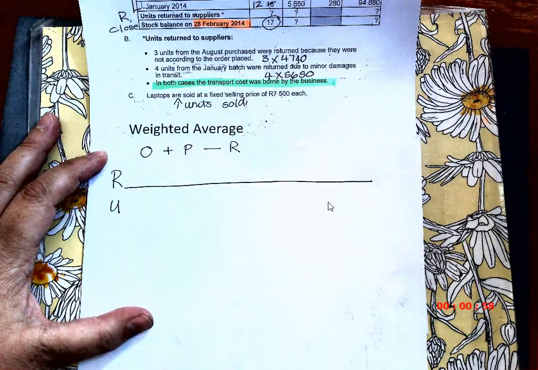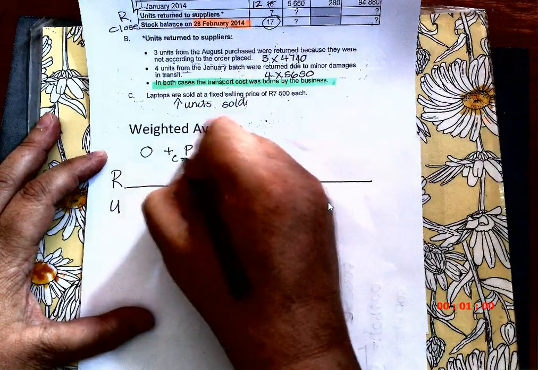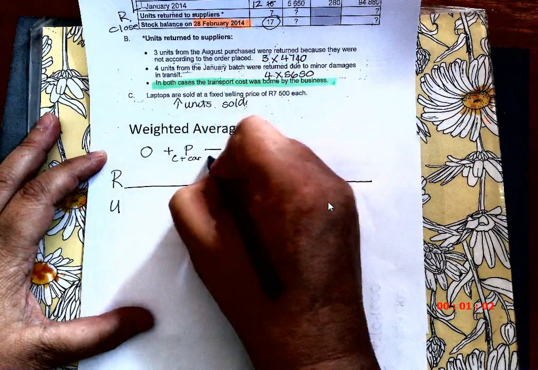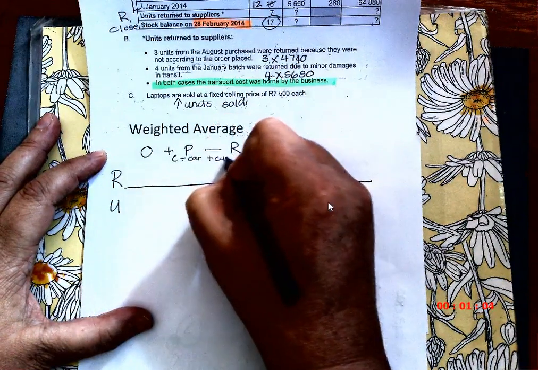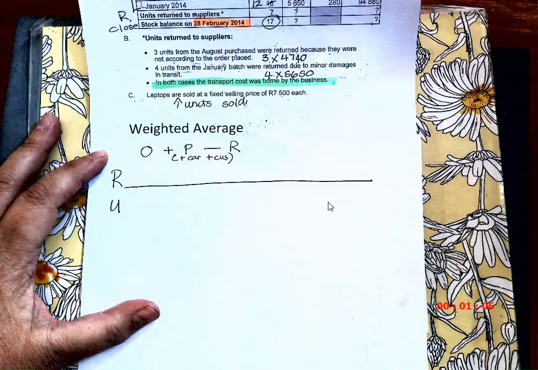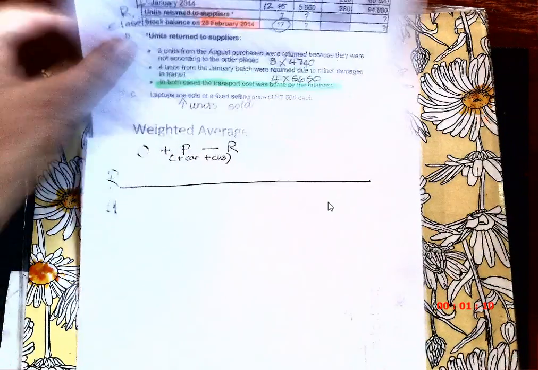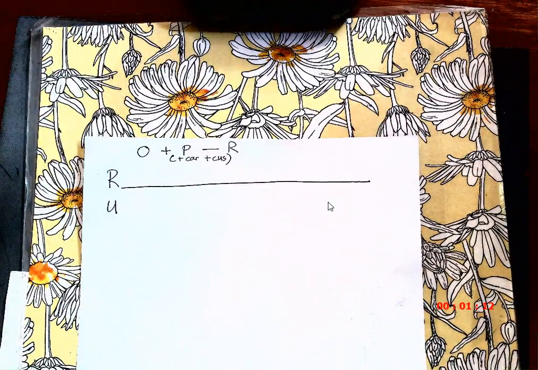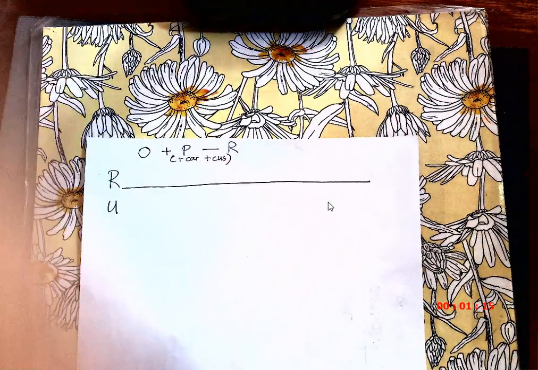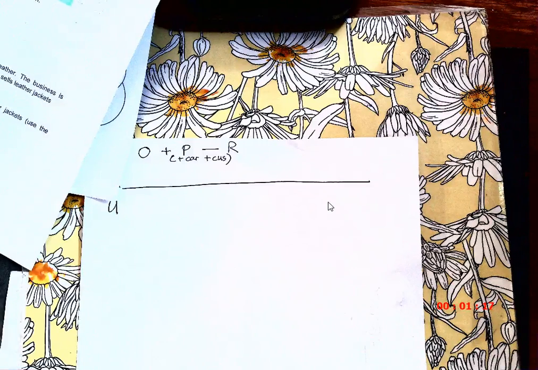And I remember purchases, I add the carriage and I add the customs. You guys get that? Because I'm loading the price.